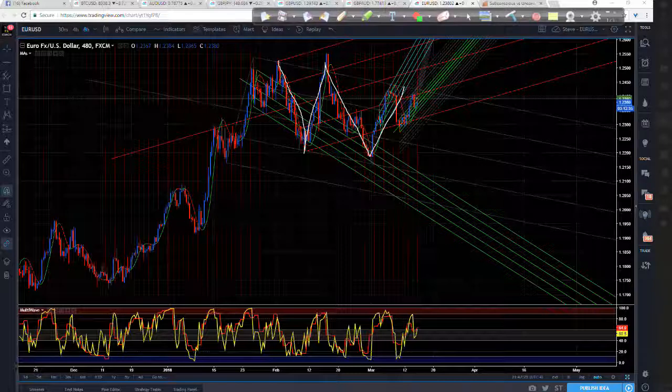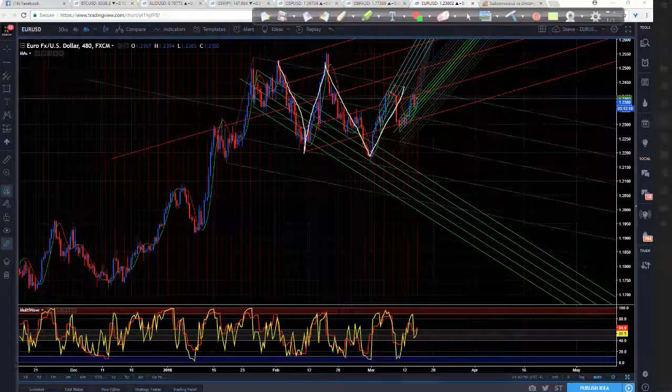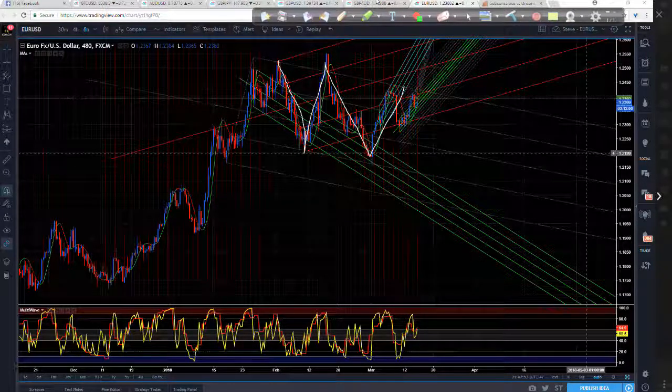Where am I? There was an M to the left of that. There's no big one on that. In fact, this downward fork is holding it right now. So it'll be interesting to see how it pans out.